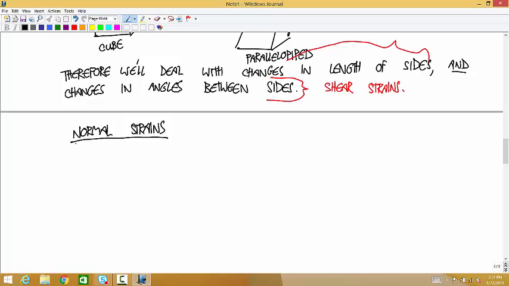So if you have an object that goes from, let's make it a square, where your x-axis is that way, your y-axis is that way, your z-axis is out of the page. And let's say that the initial lengths of both of these are just capital L sub 0.